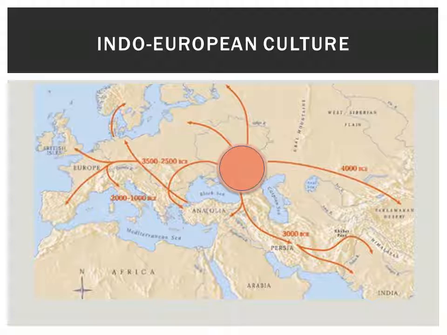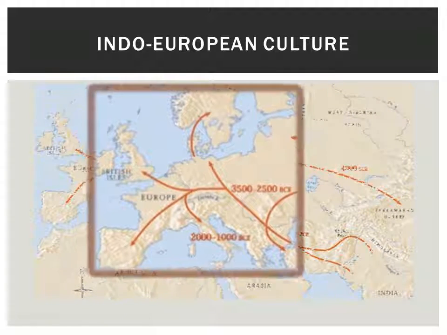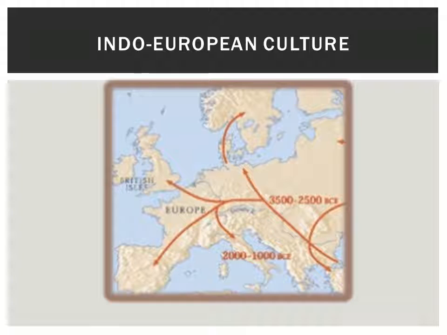These people, it's called Indo-European culture, and Indo-European is very important as a language group. And if I focus on the European side of it, okay, just that area, we can see a series of different groups of migrations that took place roughly 5,000 years ago.